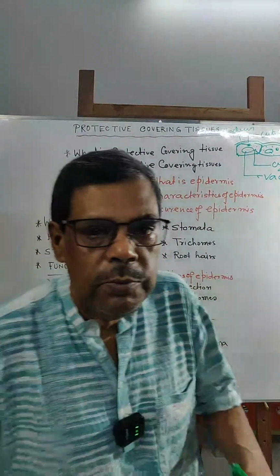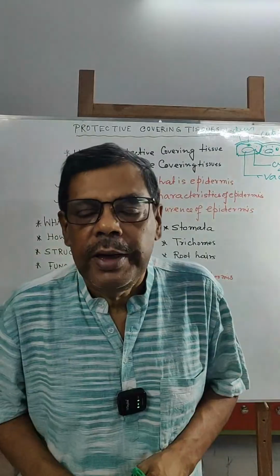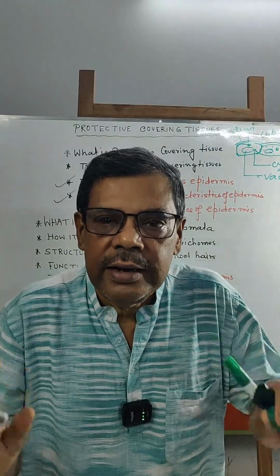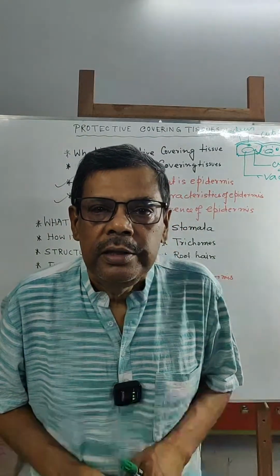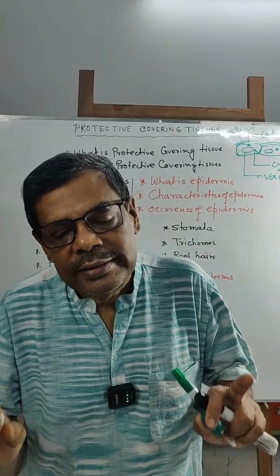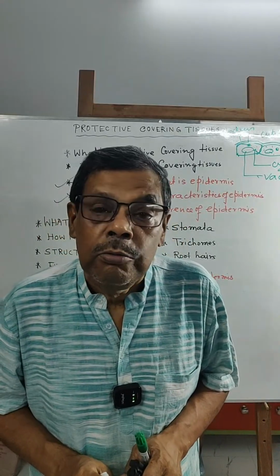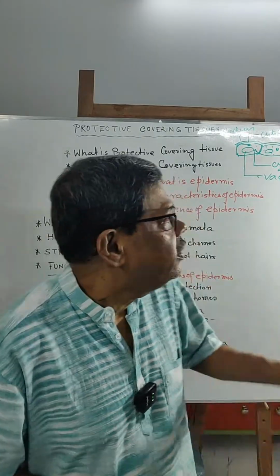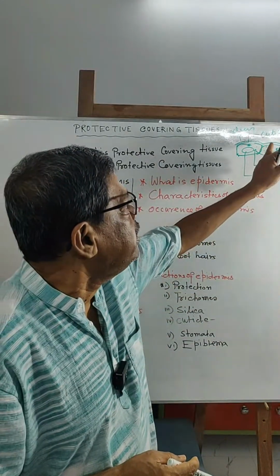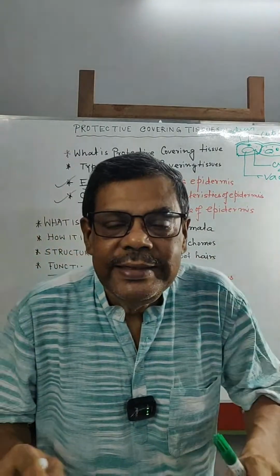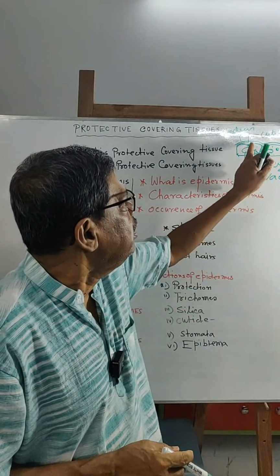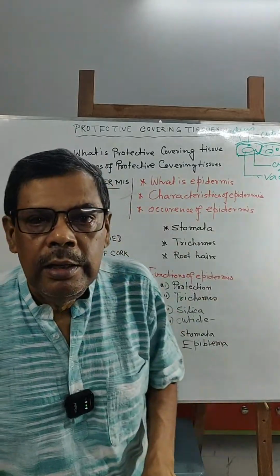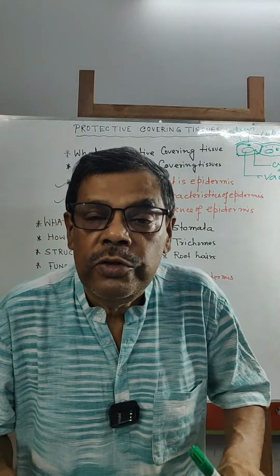So, first of all, the cells are living and parenchymatous. The cells are barrel shaped. On the outer side of the cell there is a waxy layer that forms the cuticle. Within the cell, the cytoplasm is peripheral, and a central vacuole is present.